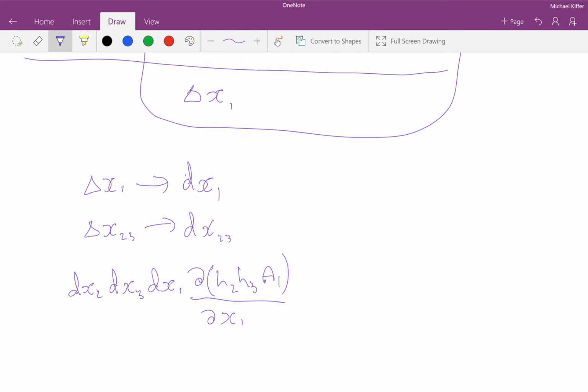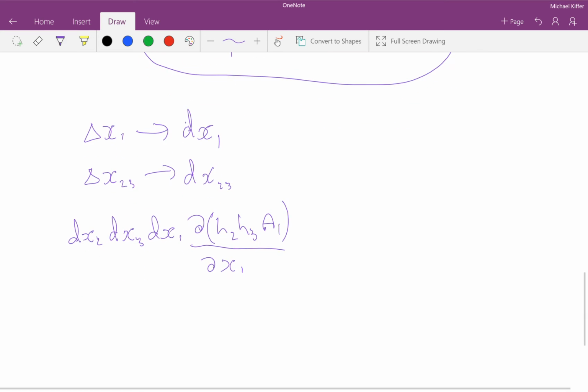Now that h2 and that h3 are inside that, as the scale factors will change as you move along your coordinate space.